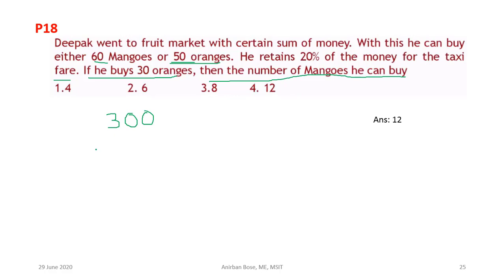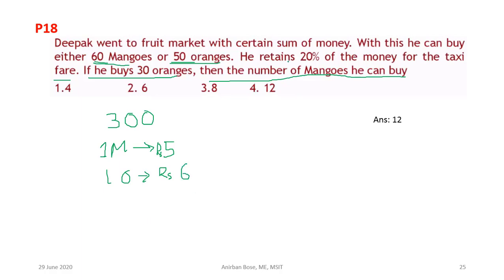With that money, if he can buy 60 mangoes, what is the price of one mango? 300 divided by 60, that means rupees 5. For one orange, the price is 300 by 50, rupees 6.